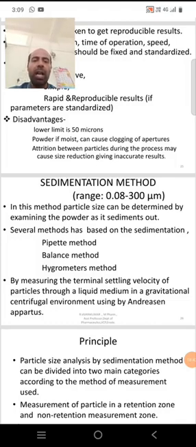Several methods are based on sedimentation, such as pipette method, balance method, hydrometer method, by measuring the terminal settling velocity of particles through a liquid medium in a gravitational or centrifugal environment using the Andreasen apparatus.